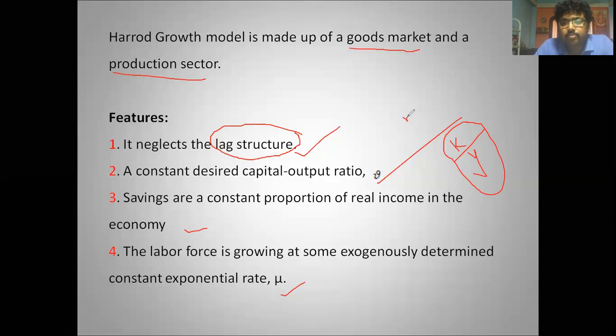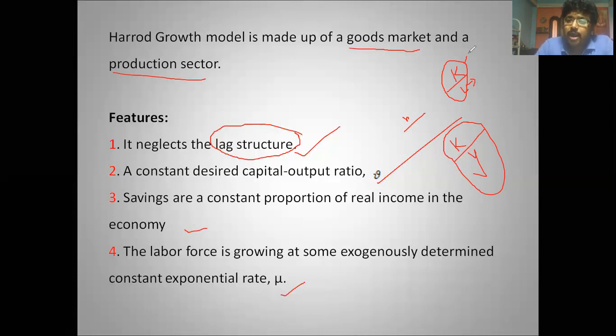When the capital labor ratio is constant, the rate of increase of capital stock is the same as the rate of increase of the labor force.